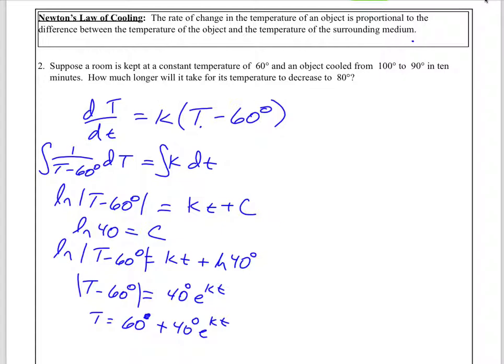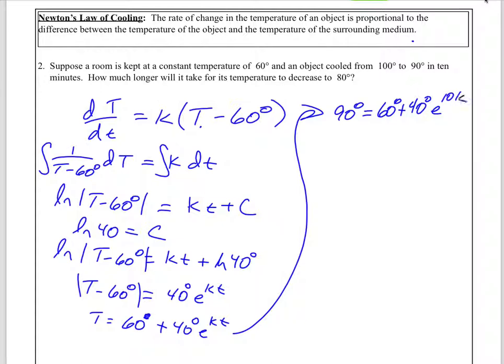So now I need to be able to find the K. What do I have to do to be able to find the K? Plug in 90 and 10. 10 minutes is how long it took to go.